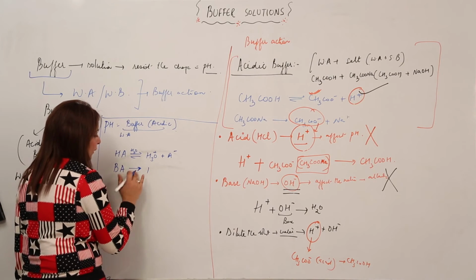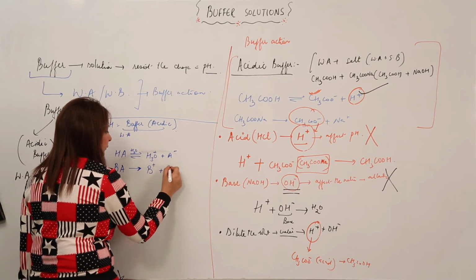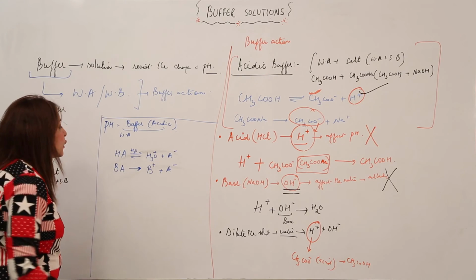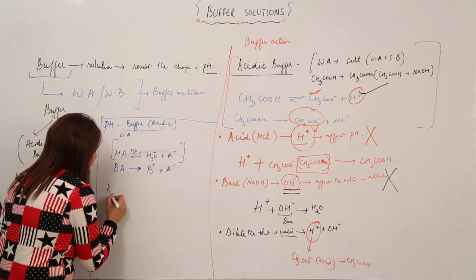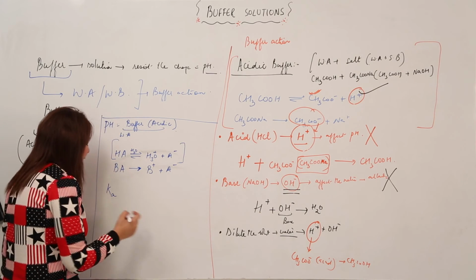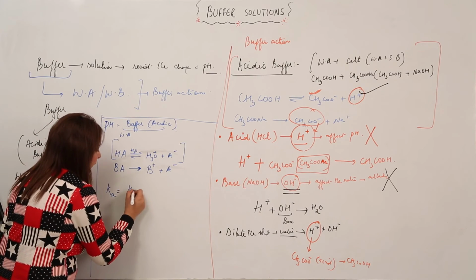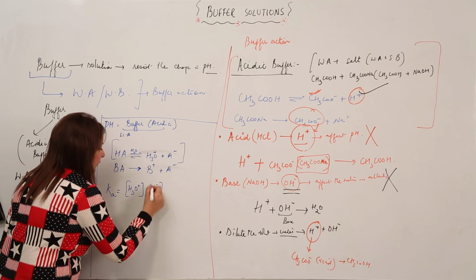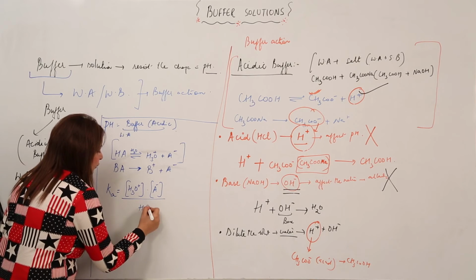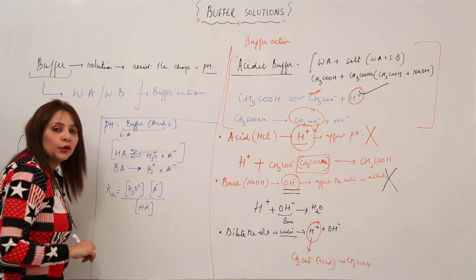We know it is a strong electrolyte. It will form this, right? So for this, I can write the equilibrium constant expression, or you can say the ionization constant for an acid expression. It comes out to be H3O positive concentration times A negative concentration divided by the concentration of the reactants. This is what we have, right?